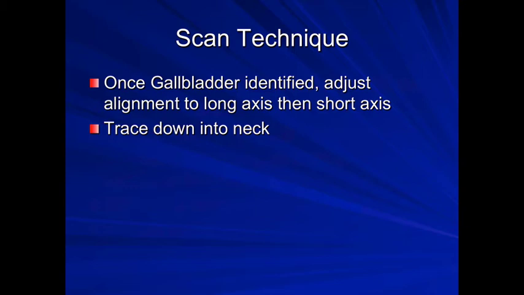So we scan through the gallbladder in its entirety along its long axis, and then we rotate the probe 90 degrees and we scan through its full length in the short axis. It is important when we do this that we try and trace down as far as we can into the neck, because otherwise we can miss pathology that's localized to the neck, and this is one of the commonest places that we will see stones.